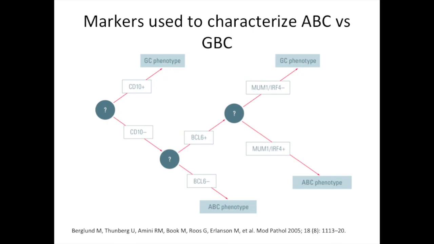Some of the markers used to characterize the two stages: CD10. If I'm measuring CD10 in my activated phenotype, there's probably something going wrong. Again, IRF is not in the germinal, but in the activated form, and again, BCL6. This gives me some markers where I should see differences between these two tissue types.